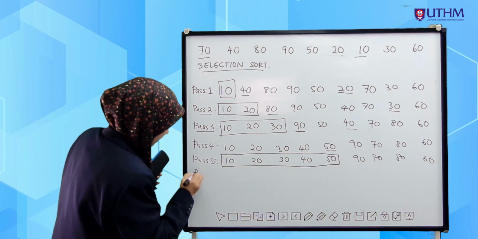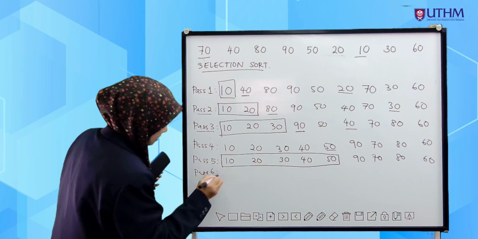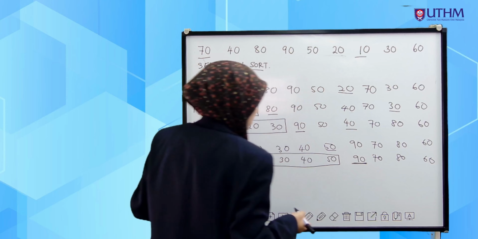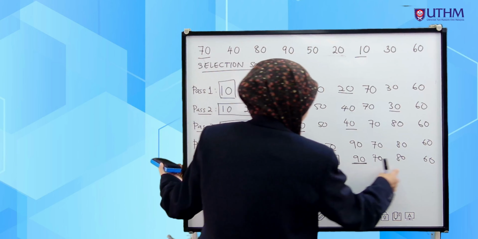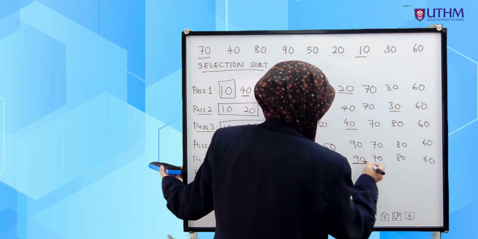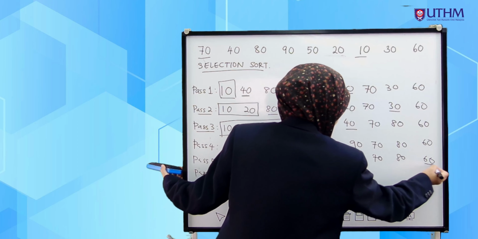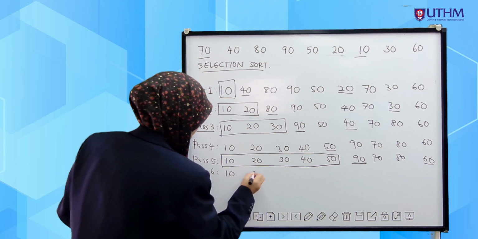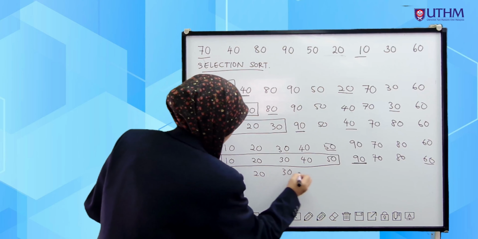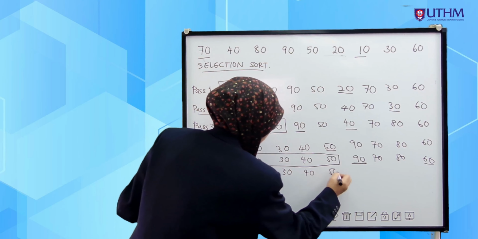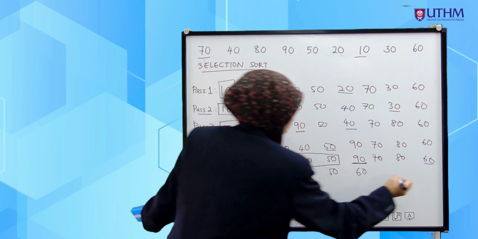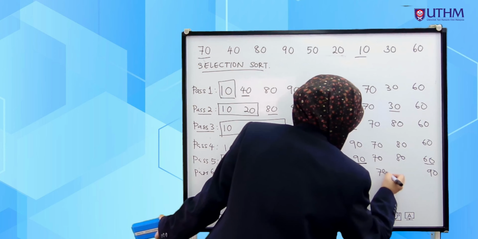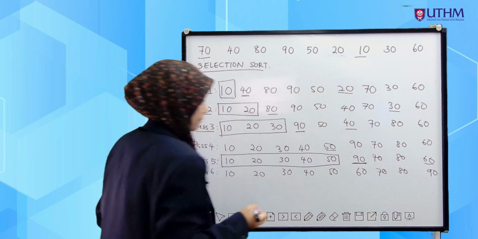Next, pass 6. This is our 6th position. Find the smallest value. Here we are going to swap 60 and 90. So you have 10, 20, 30, 40, 50, 60, then 90, and 70 and 80.